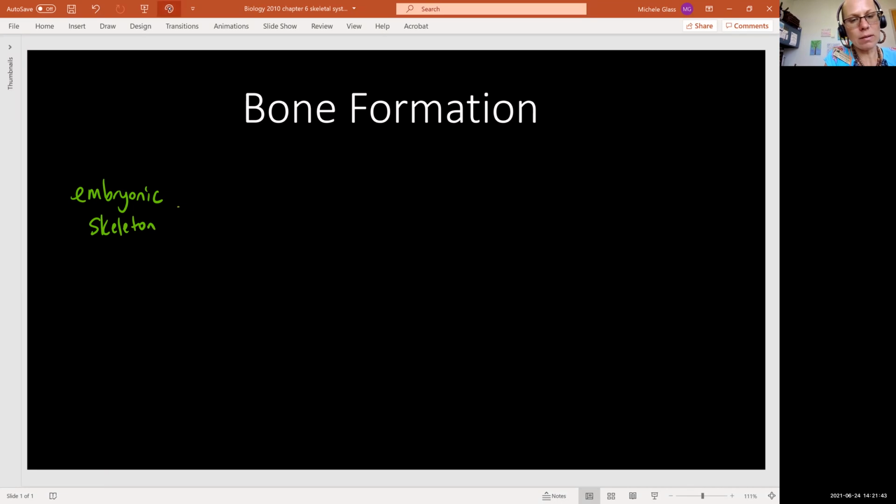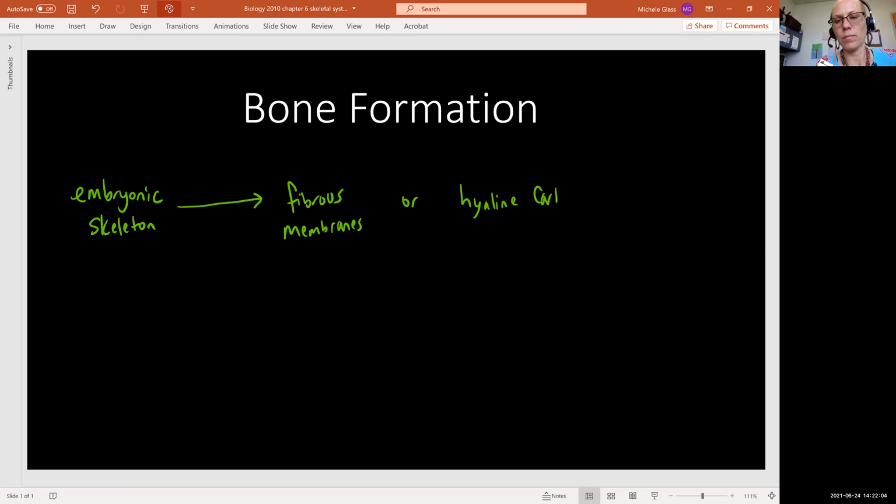And this we'll see develops from either fibrous membranes or hyaline cartilage. So we basically get a template or a framework laid down by either fibrous membrane or hyaline cartilage, so no bone yet.